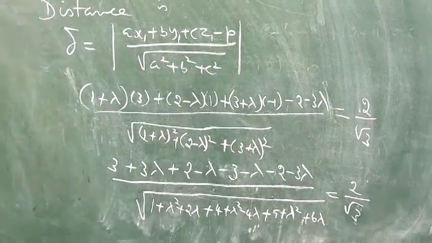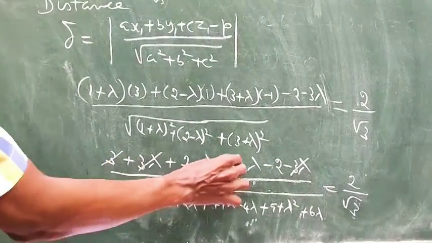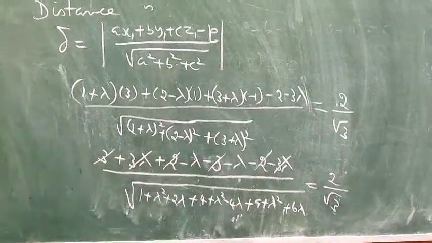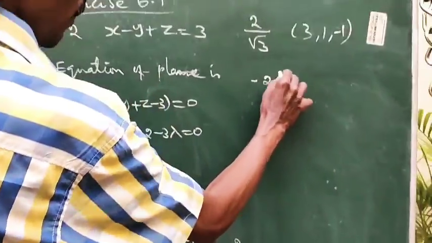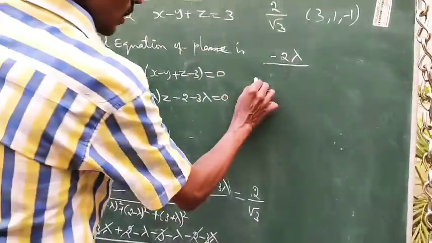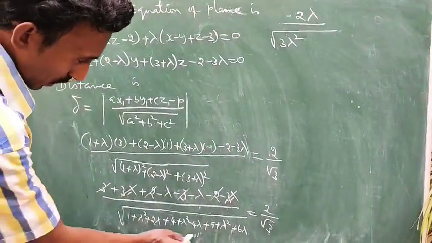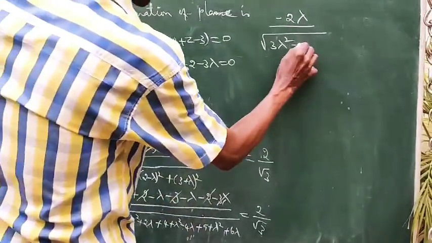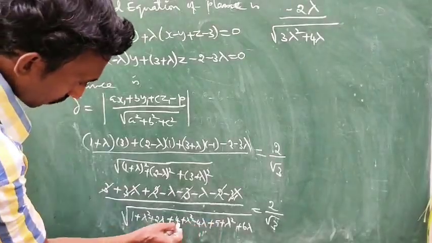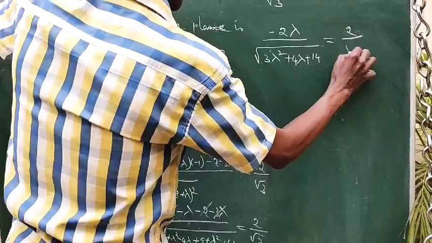So simplify in the numerator: 3 lambda minus 3 lambda cancel, 3 minus 3 cancel, 2 minus 2 cancel, so minus lambda minus 2 lambda, divided by 3 lambda square, okay, so 2 lambda plus 8 lambda minus 4 lambda, so 4 lambda, and 10 plus 4, 14, equal to 2 by root 3.